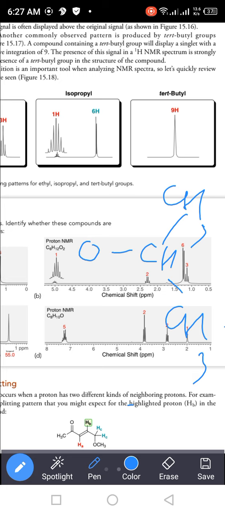And on the other side, this oxygen having C double bond O, and this carbonyl having CH2 and CH3.